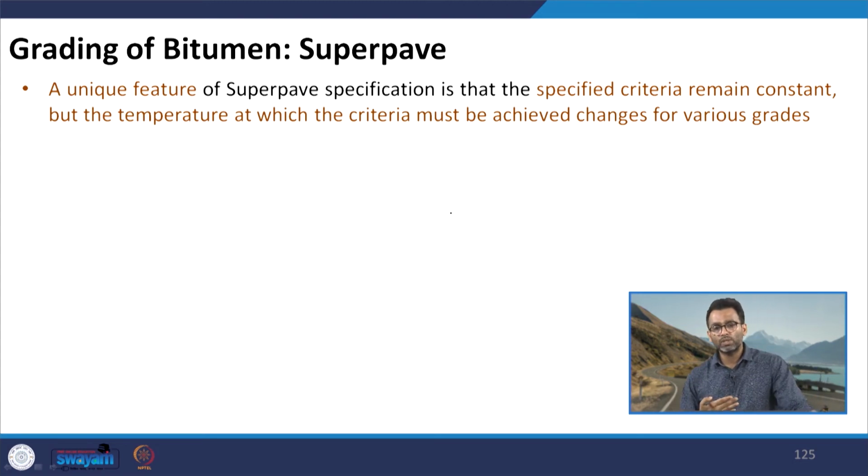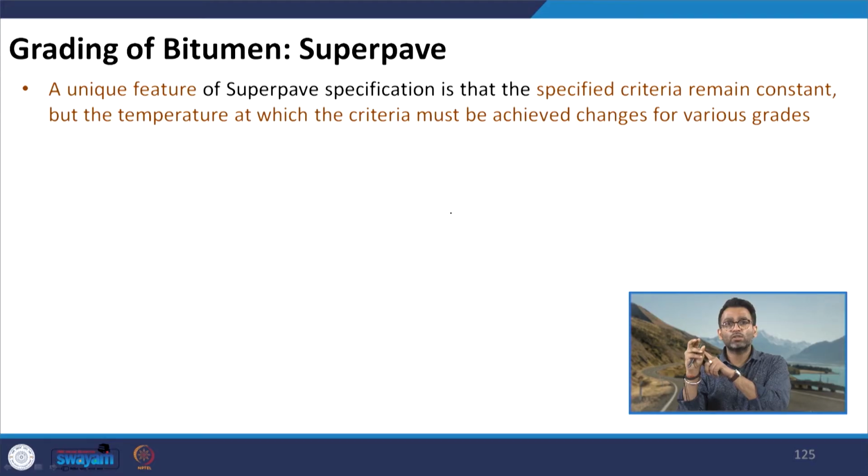In the usual specification, as we have discussed, if it is a viscosity grading system, we will carry out the viscosity test at 60 degrees Celsius and we will report the value. So, this value is variable, depends on the consistency of bitumen, but the temperature at which I am carrying out the test is constant, 60 degrees Celsius, irrespective of wherever I am going to use this bitumen.